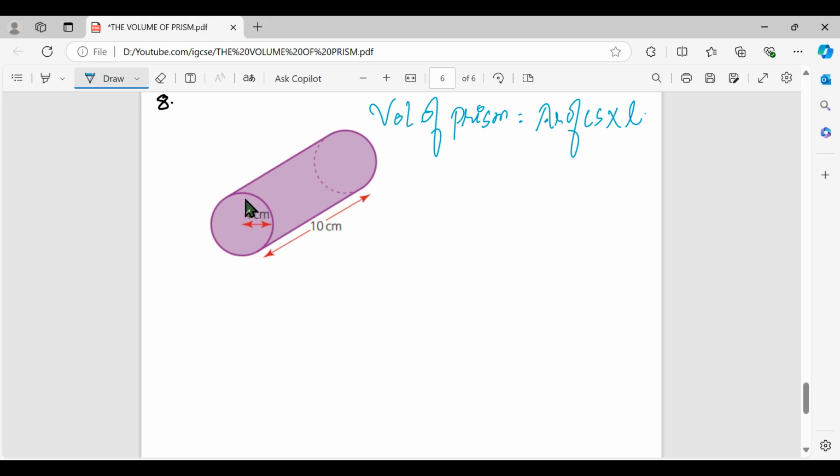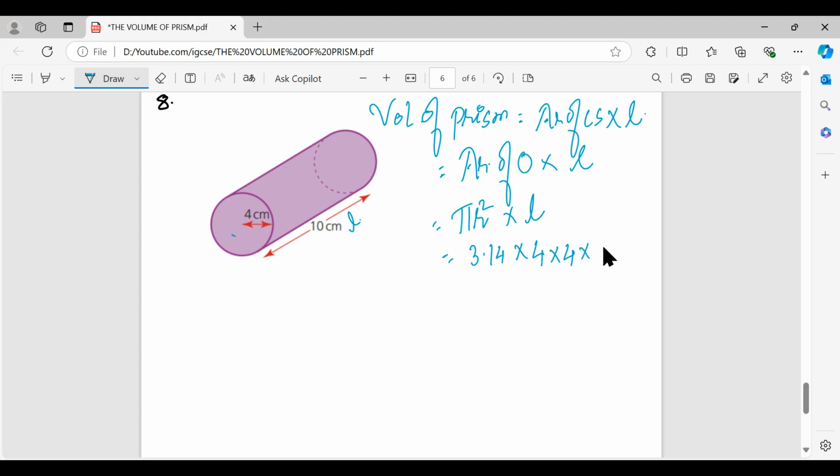Here the cross section is a circle, and you know the area of a circle. This is the length. Now, area of circle is pi r squared, into L. So you can put the values: pi as 3.14, r is the radius, so 4 squared, times length 10, right?